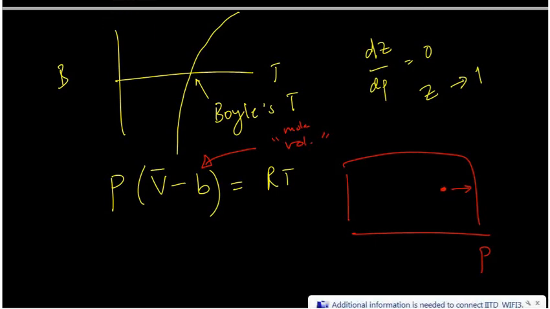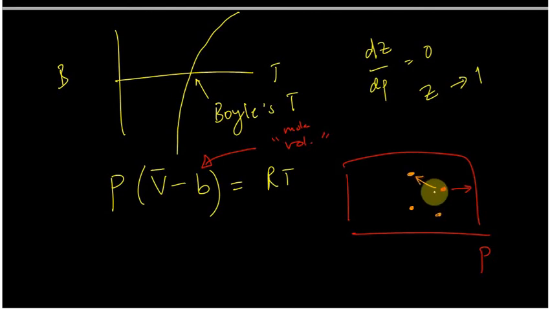But if we have some more molecules in the vicinity, they would be pulling this molecule towards themselves, and the pressure exerted would be slightly less than what it actually was if it was an ideal gas.